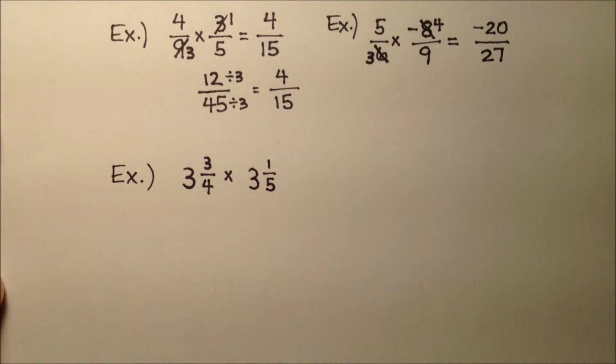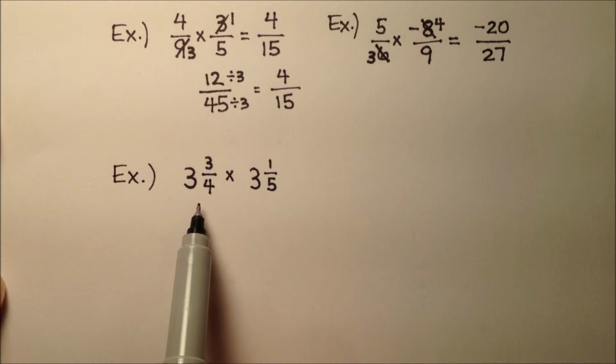Here's an example where we're multiplying mixed numbers. In order to multiply mixed numbers, we are first going to change them into improper fractions, then we're going to proceed as we did in the previous examples.